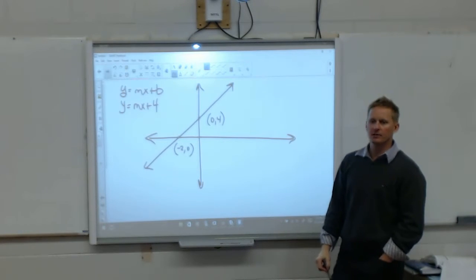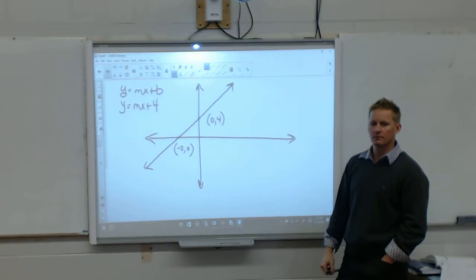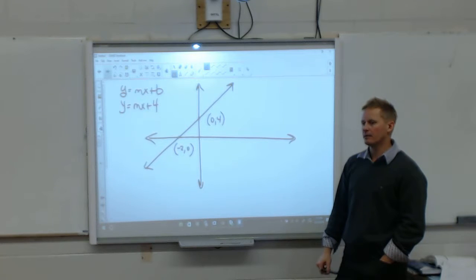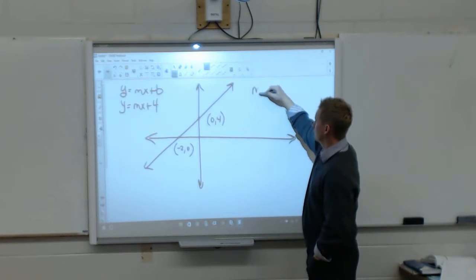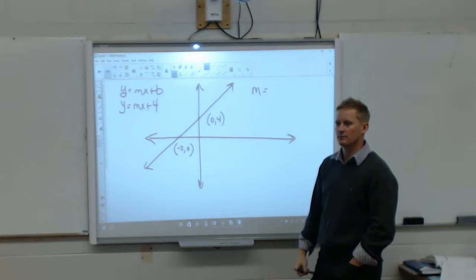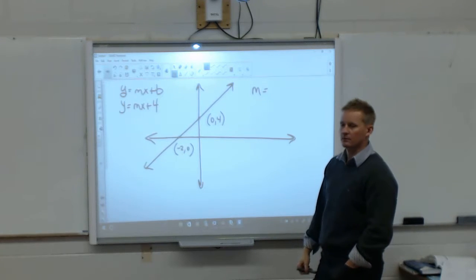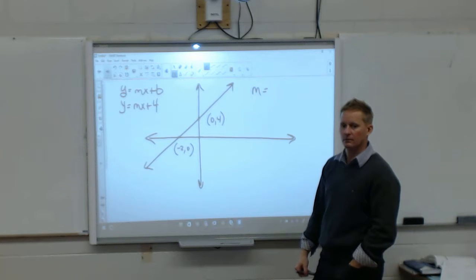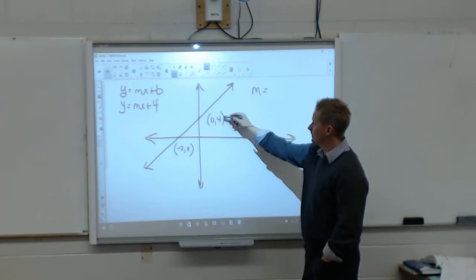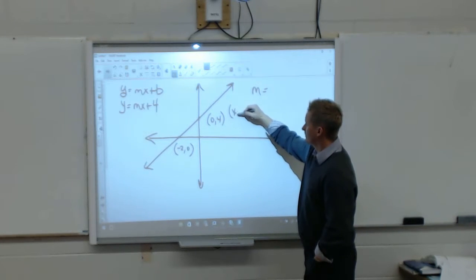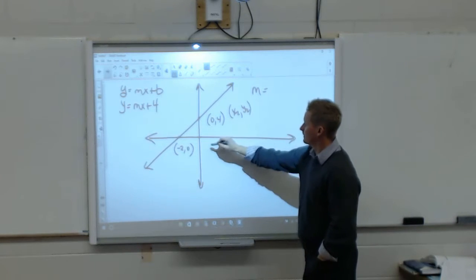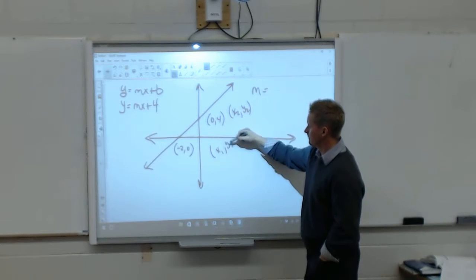So then how did I find my slope? Rise over run? Okay? So how do I do that? y2 subtract y1 over x2 subtract x1, right? So let's make this x2, y2, and this one x1, y1.